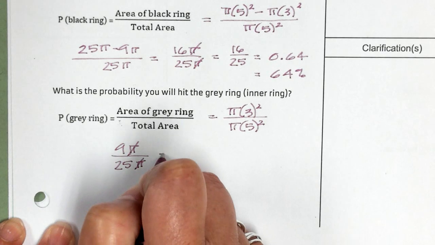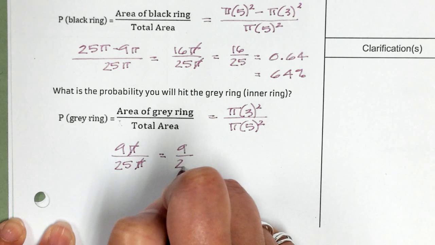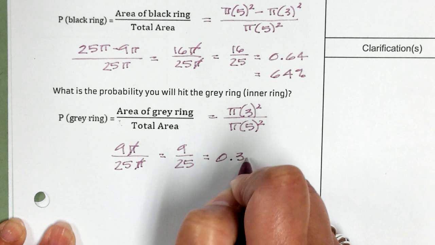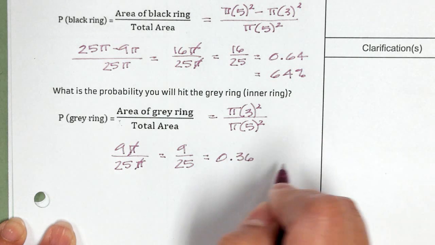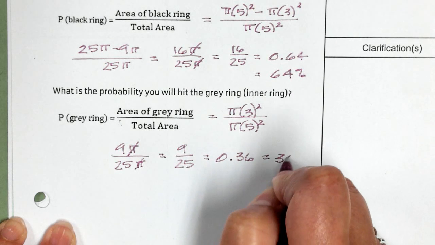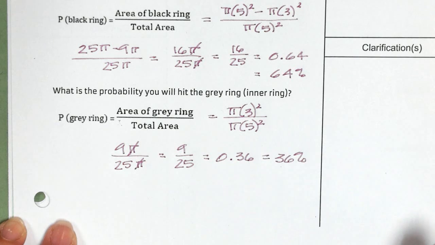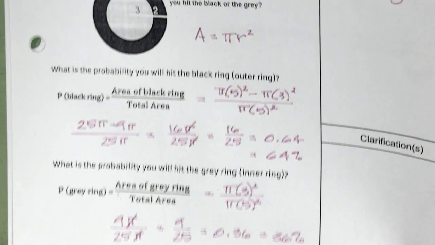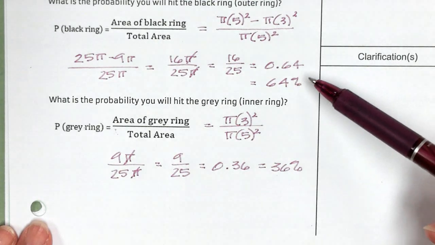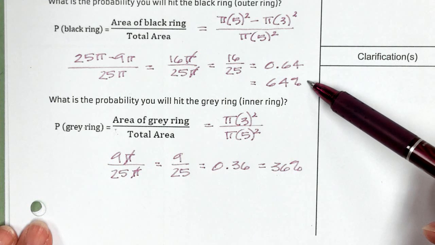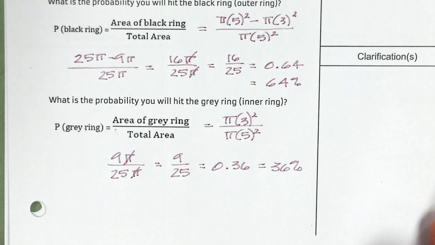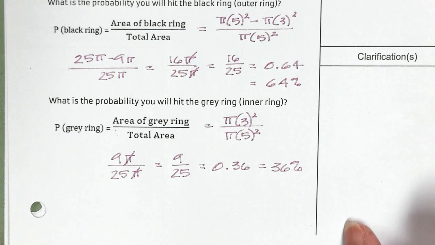Again, our pi's can cancel out. 9 over 25, which is approximately 0.36, which is 36%. And just like we saw in earlier probabilities, since our circle is split into 2 parts, if I look at the probability of hitting the outer ring and add the probability of hitting the inner ring, notice that it becomes 100%.